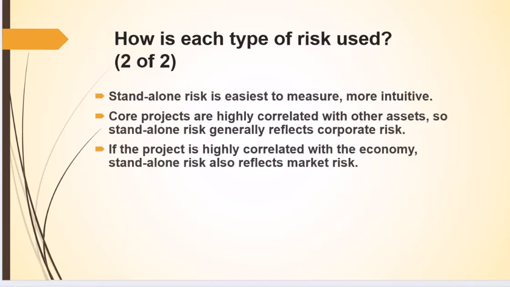Now, standalone risk is the easiest to measure. It's more intuitive. Core projects are typically thought to be pretty highly correlated with other assets. So therefore, its standalone risk generally reflects corporate risk. If the project risk is highly correlated with the economy, though, it also reflects market risk.